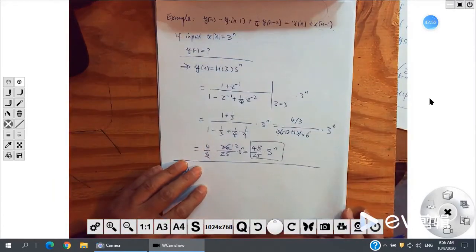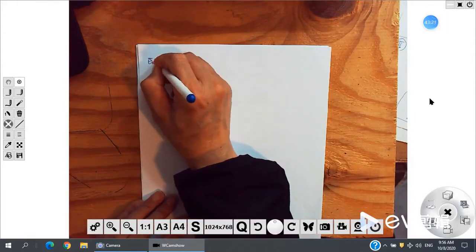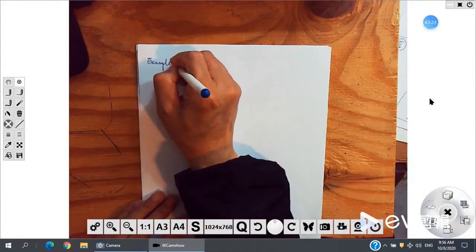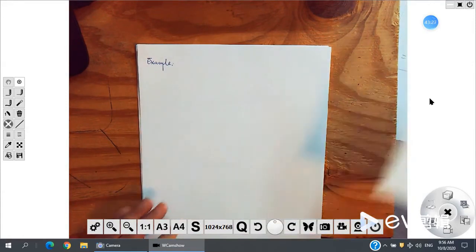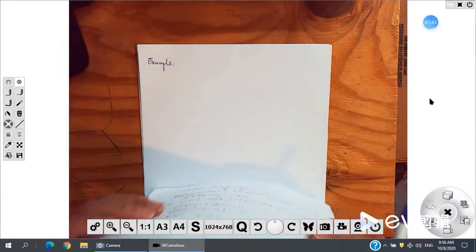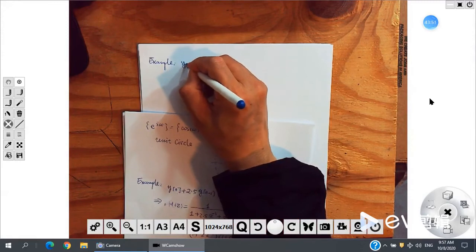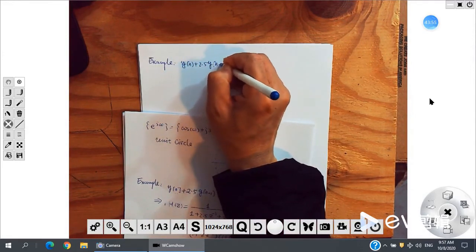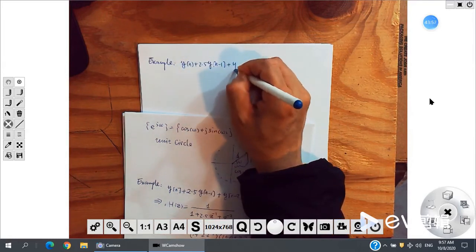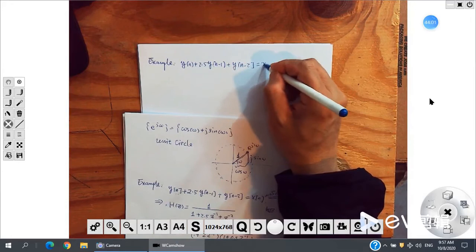So we consider an example like this. I consider a system. I think I have an example, let me use this one. We consider y of n plus 2.5 y of n minus 1 plus y of n minus 2 equal to x of n.